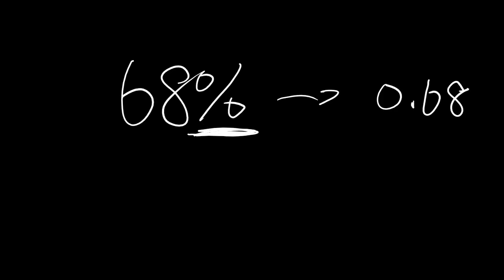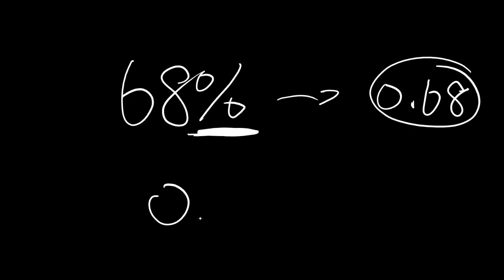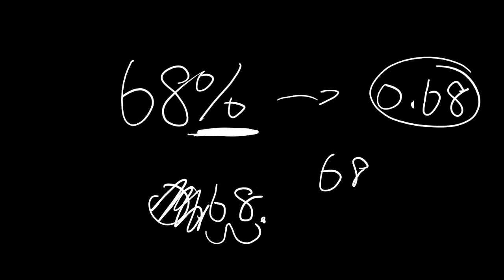The percent sign basically moves the decimal point 2 places or multiplies by 100 to the right. So 0.68, if you move the decimal point to the right once, twice, then you don't need the zero. That's 68%.